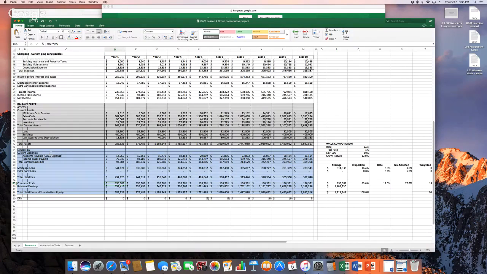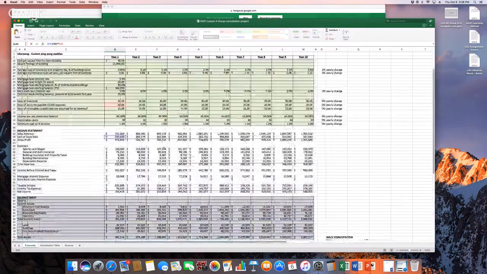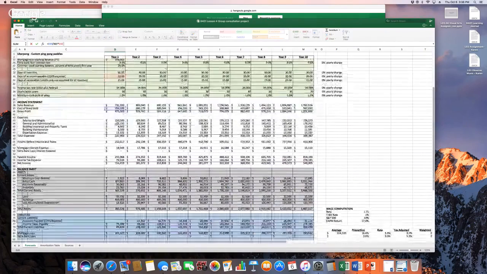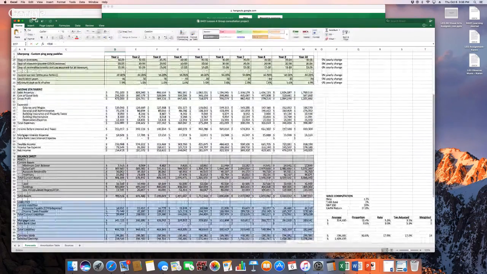So the liabilities and equity section starts with current liabilities. That's going to be the accounts payable section, which is basically our assumption for days of accounts payable, times the cost of goods sold divided by 365 for the number of days in the year. And that gives us the total accounts payable account.